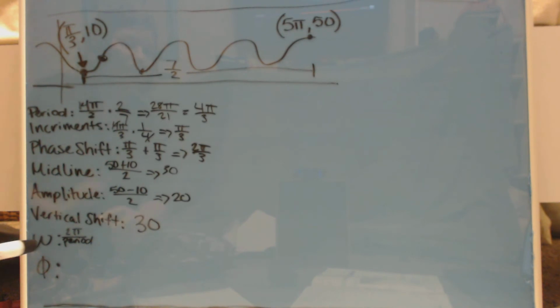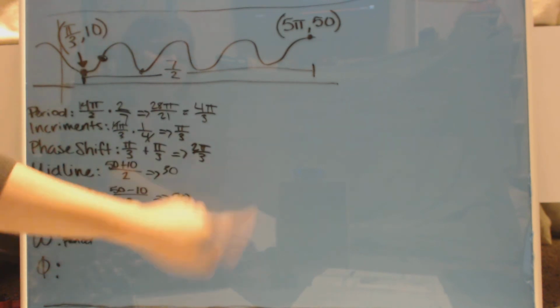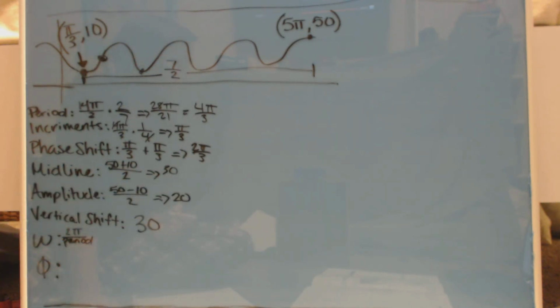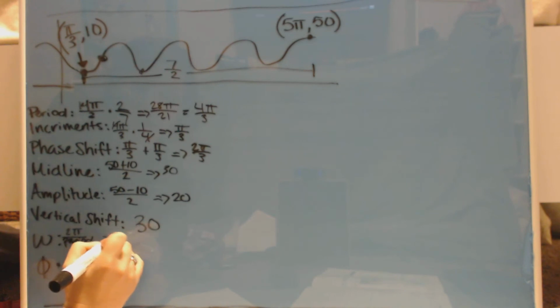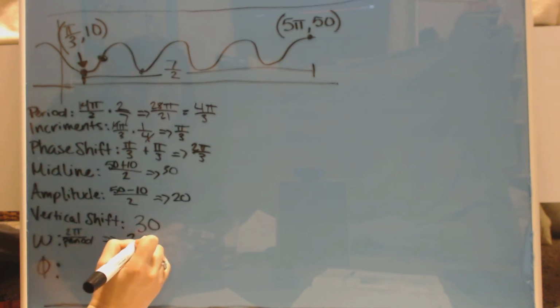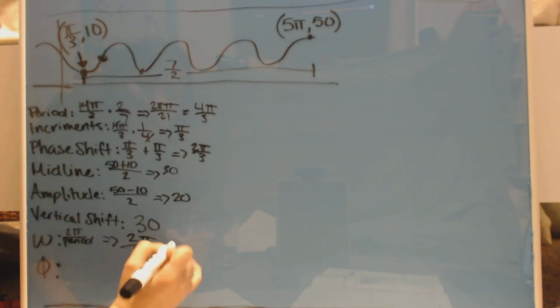Now that we have all of these, we can easily find what omega and phi are. We can write it out now if we like, but I think I'll do this first. Omega is always going to be 2 pi over the period that we have, so that will get written as 2 pi over 4 pi over 3.